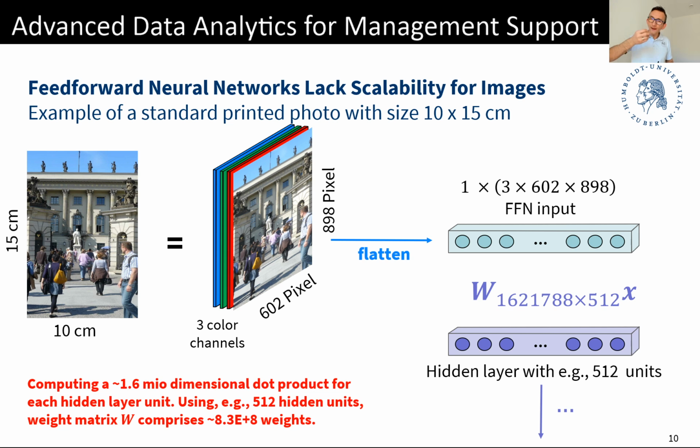If you have 1 billion weights and you store these weights as floats, you use 8 bytes for each of these, so you have less than, but close to 8 billion bytes to store the weights connecting the input to the hidden layer. 8 billion bytes. That translates into 8 gigabytes. You need 8 gigabytes of memory just to store the weight matrix for the input to the hidden layer.